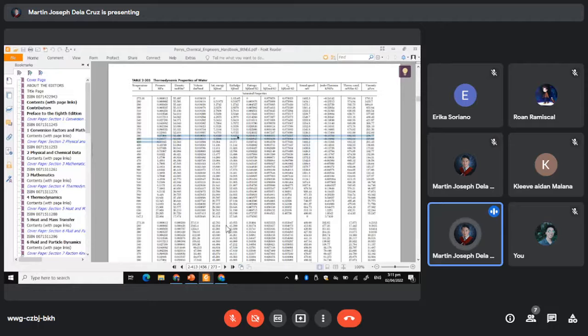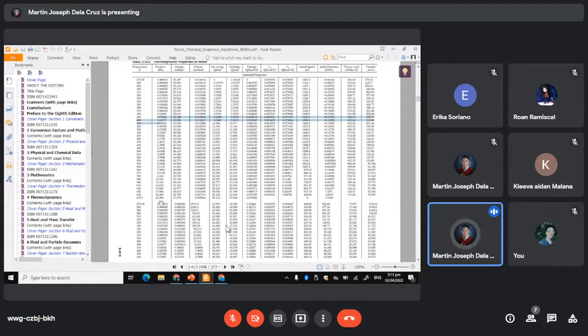And then you have 8.8354 and 9.603. And then sa saturated vapor, 48.665 and 48.924. Tama ba? So, dapat nag-range sa mga ganon yung makukuha nyo class.